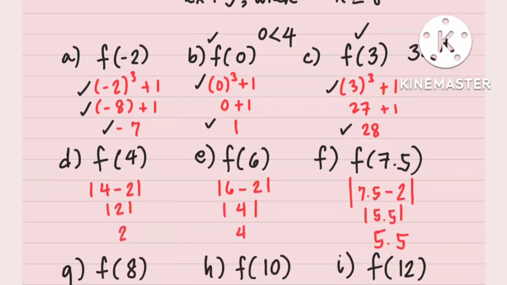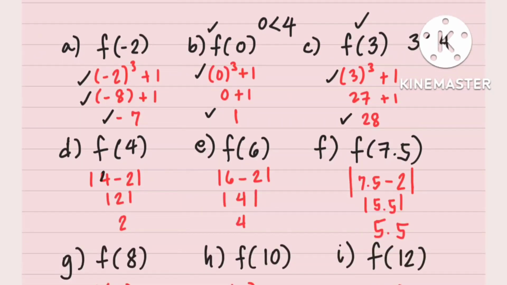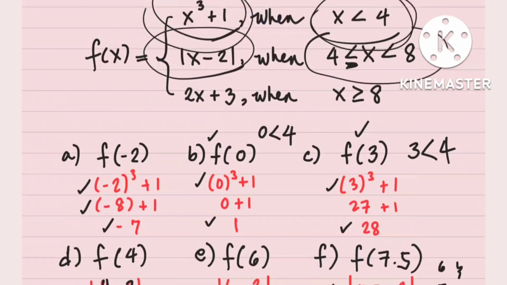So if we input 4, we'll have 4 minus 2, that is 2. And the absolute value of that is 2. So we will do the same in E and F, since both 6 and 7.5 are inside the given interval.